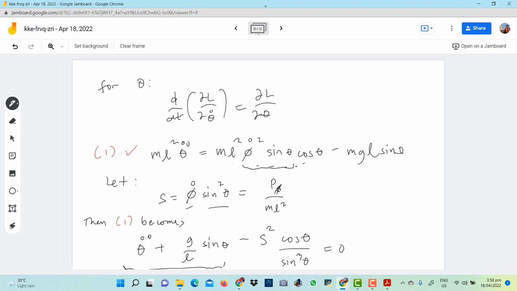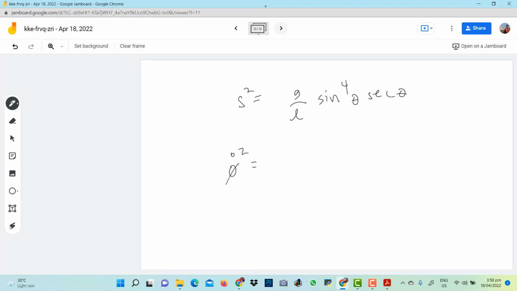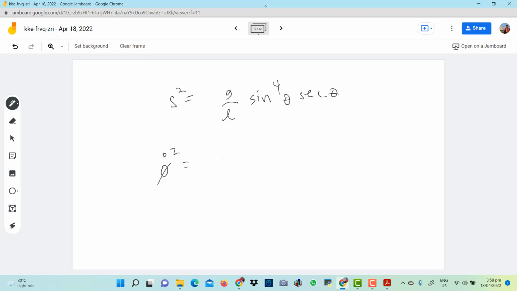Therefore, S square is equal to phi dot square sine to the fourth of theta. So we have phi dot square is g over L sine to the fourth of theta over sine to the fourth of theta, secant of theta. So therefore, phi dot square is equal to g over L secant of theta.